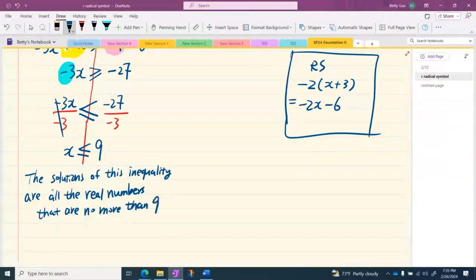So the solutions of this inequality are not unique, it's not just one number. It has infinitely many solutions. All the real numbers that are less than or equal to 9 are solutions of this inequality. 9, yes, but 8.99999, a little bit less than 9, is also a solution. Any real numbers less than or equal to 9 are solutions.